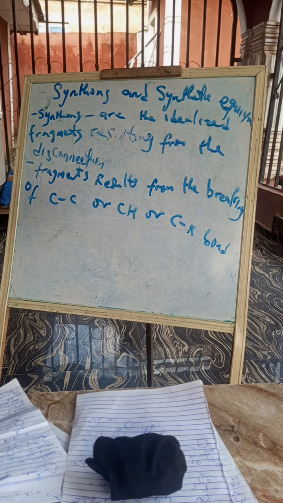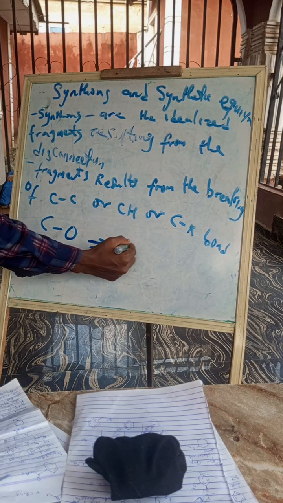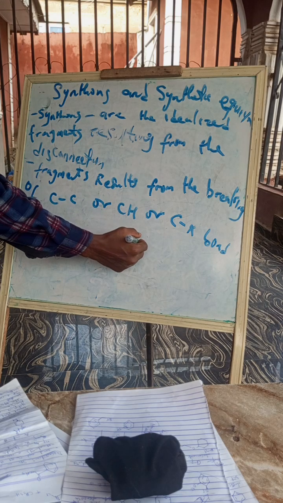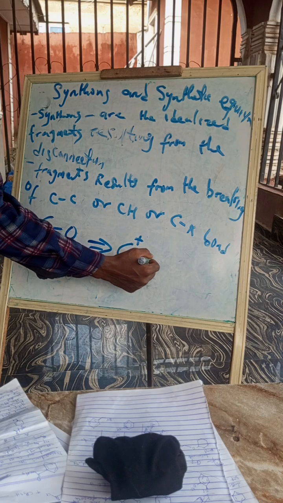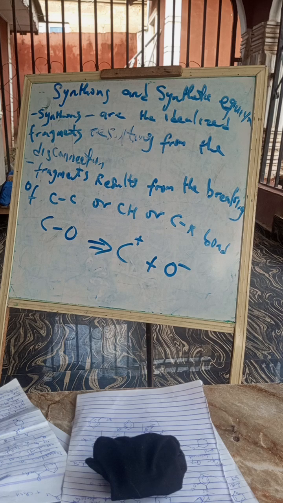For example, if you are to disconnect this compound at C to O, this is an example of C to X. In this disconnection, we can have C positive plus O negative. That is one of the scenarios, where each fragment carries a charge. So synthons are like breaking down into smaller fragments, and each fragment carries a designated charge.